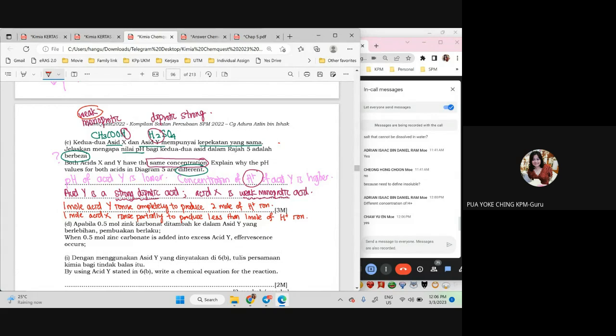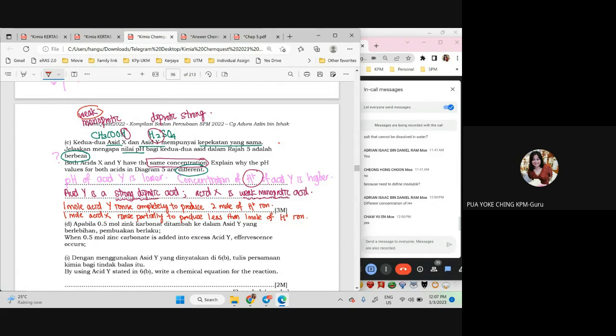That's why I kata soalan ini very confusing. Biasanya kalau dia datanya strong and weak, it will not come out monoprotic and diprotic lagi. Okay? But because we cannot foreseen, kita tak boleh foreseen apa jawapan yang panel nak.